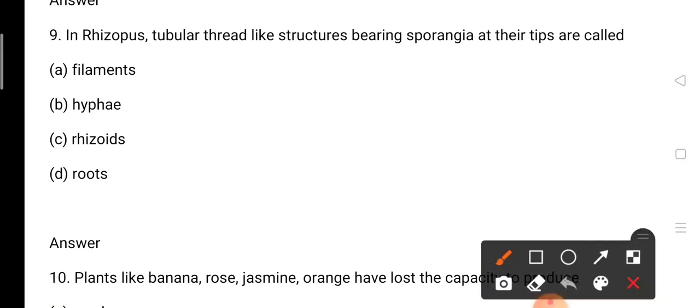So there may be two possibilities, hyphae and mycelium, for the answer, but the options contain only hyphae. So the correct answer will be hyphae. It means option B is the correct answer.